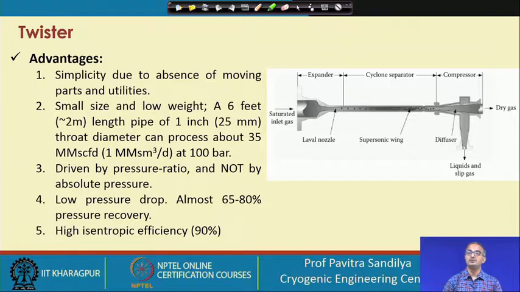That means we have to maintain a pressure difference. Whatever the absolute pressure may be, if we can maintain the pressure difference, then this can work. And it has low pressure drop, about 65 to 80% of the pressure is recovered in the diffuser section. So it is quite energy efficient, and it has a high isentropic efficiency.